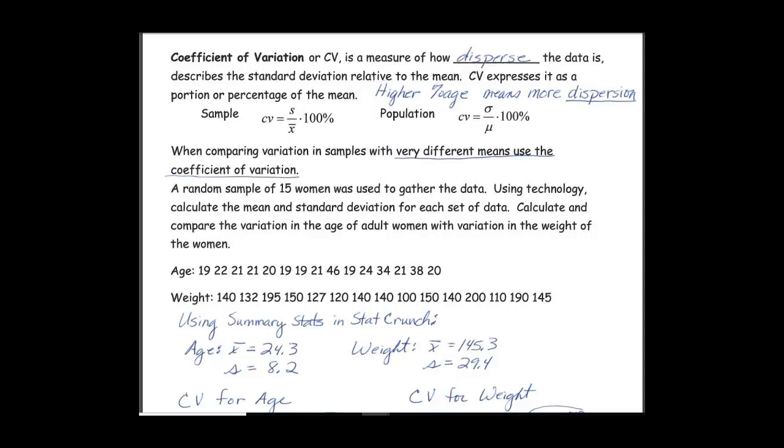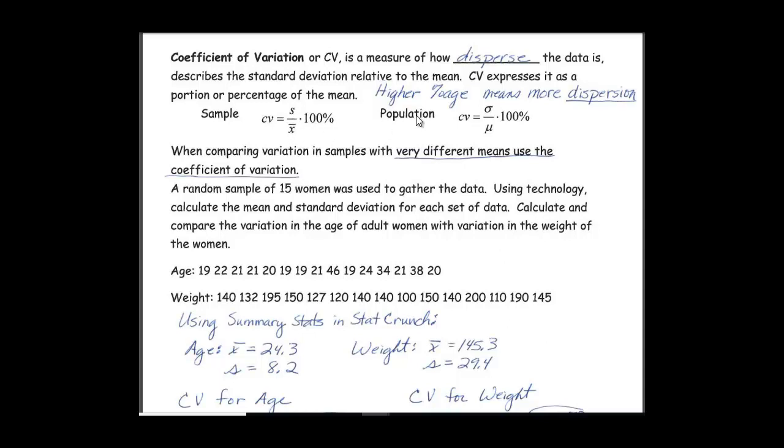This is good to use when you are looking at two different data sets and comparing them, but they have very different means, and so their standard deviations are going to be quite different as well, possibly. So each of those standard deviations would be relative to a very different mean or data set. So we use something different. We are going to be looking at the ratio of a standard deviation divided by its mean for a data set.